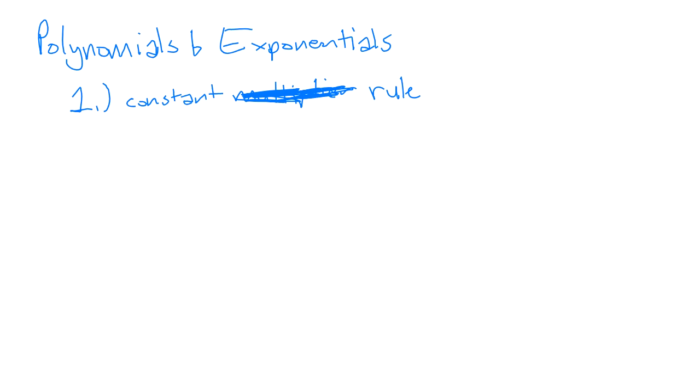Our constant rule states that if we take the derivative of any constant c, then that is automatically going to be 0. Like I said, we just did an example on that with that third derivative. As you see, you just get stuck in that loop. You can't go any further. We can just say it's 0, end of story.